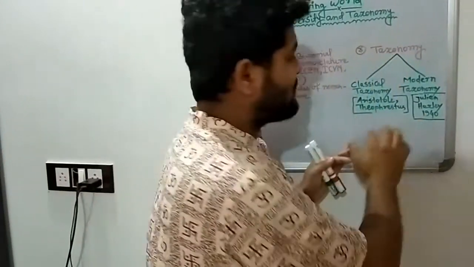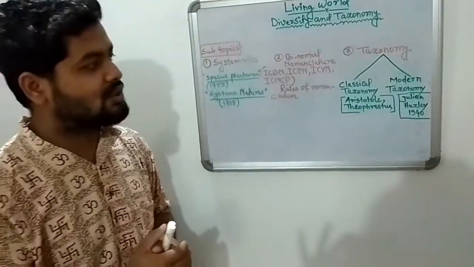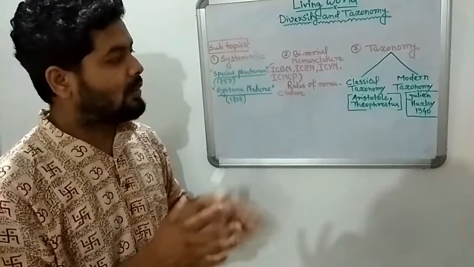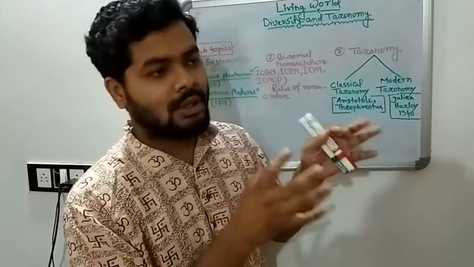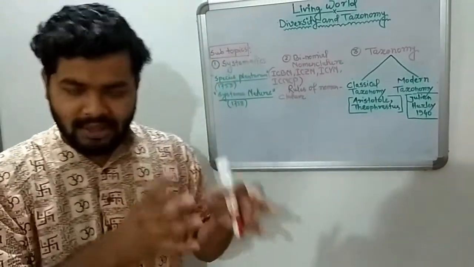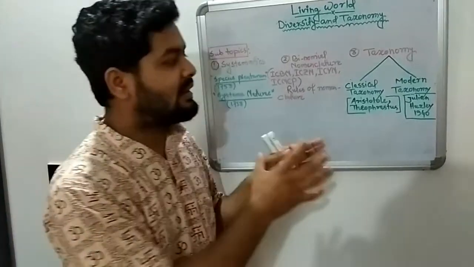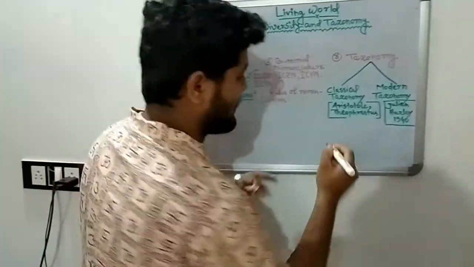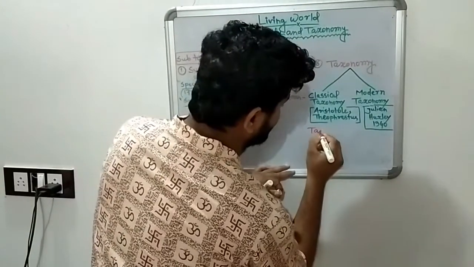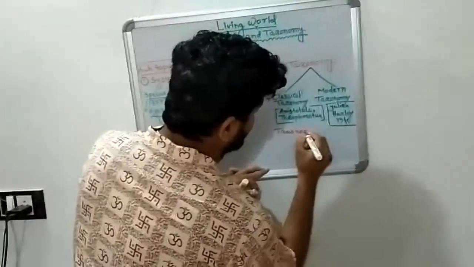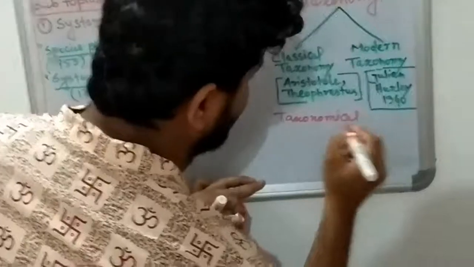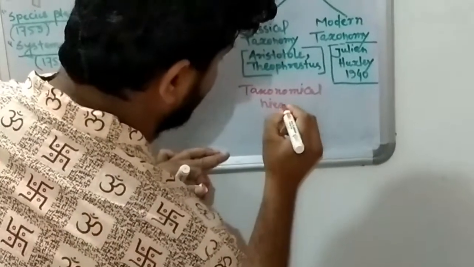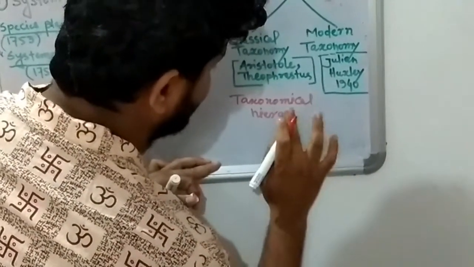Now, taxonomy. What is taxonomy? Taxonomy is a branch of science where the different groups of living organisms are categorized depending on the taxonomical hierarchy.